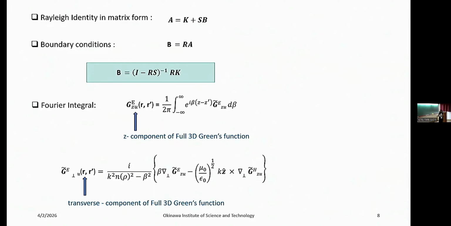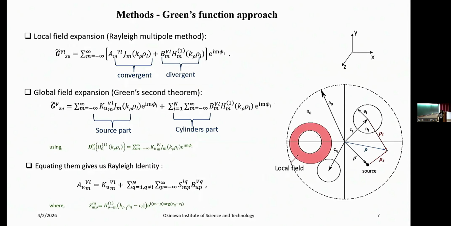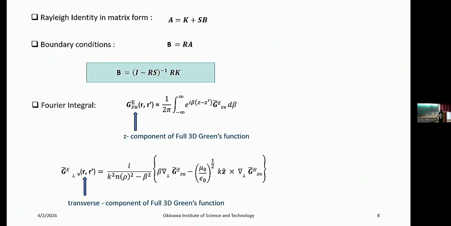So we can calculate all the scattering coefficients B, and using B we can calculate this Fourier transformed Green's function, and then doing the Fourier integral with respect to beta, which is the propagation constant along the z-axis.